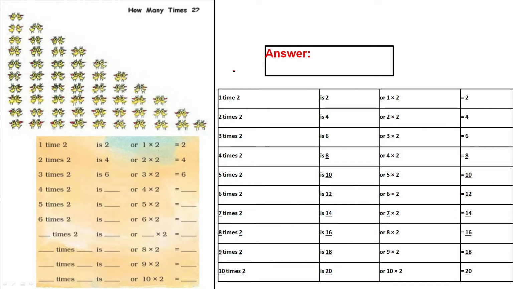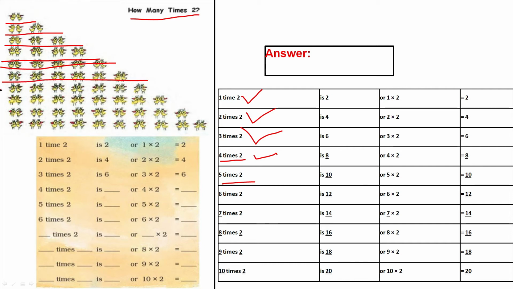How many times 2 in the table? Here 1 time 2. Second, you can see 2 times 2. Third row, you can see 3 times 2. Fourth row, you see 4 times 2, 5 times 2, 6 times 2, 7 times 2, here 8 times 2, here 9 times 2, lastly 10 times 2.